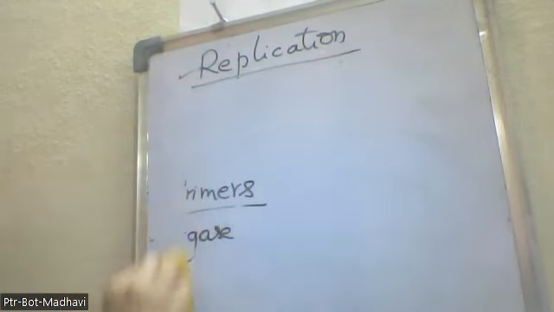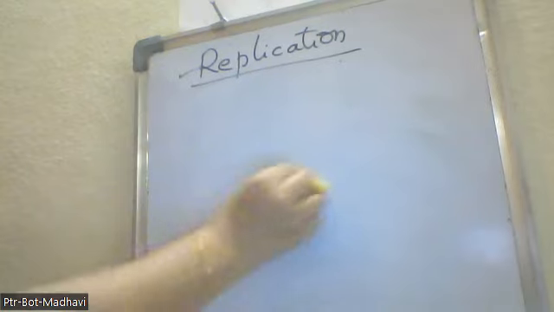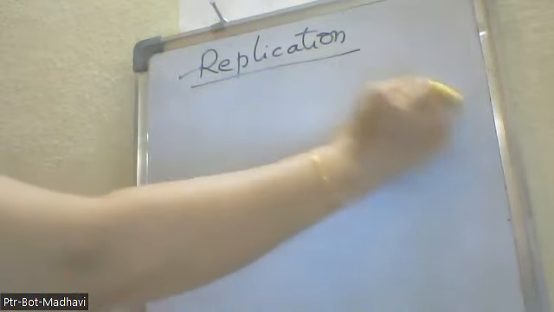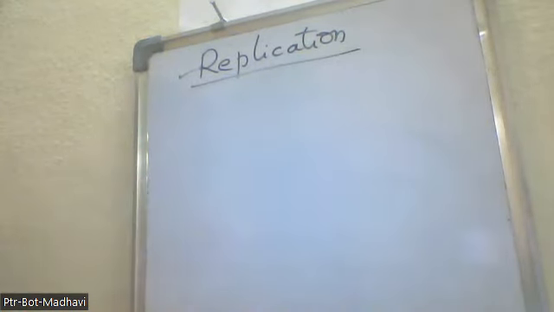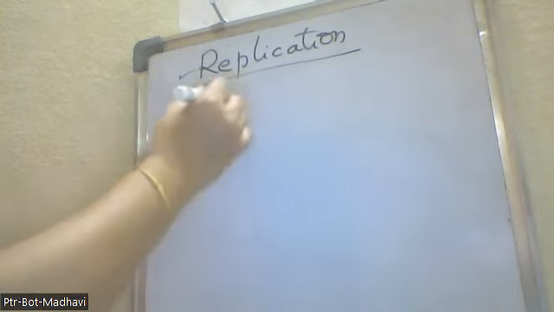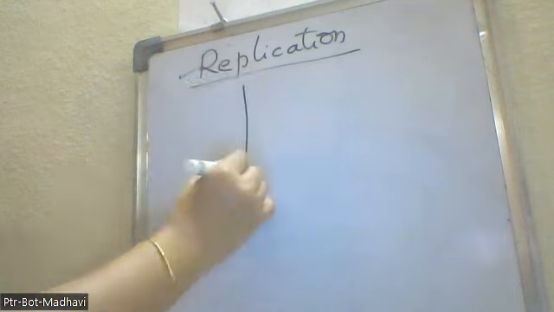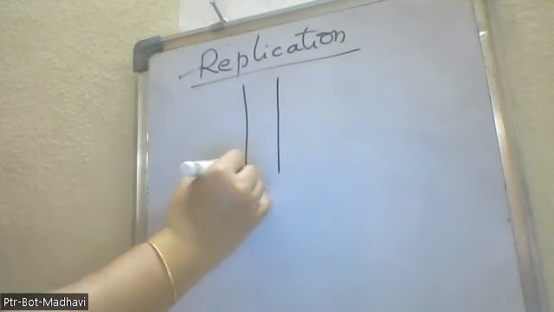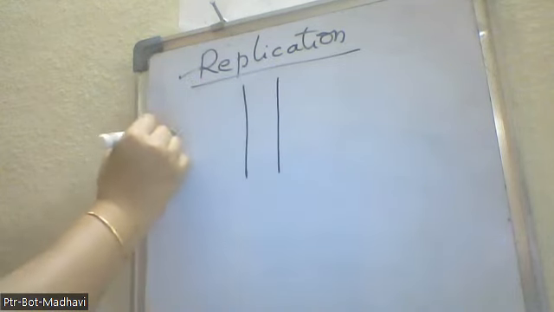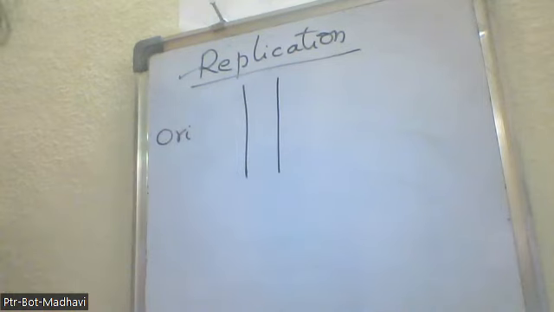In this replication process, first of all, this DNA-dependent DNA polymerase enzyme, that is the DNA polymerase enzyme, will search the site in the DNA. That is the ORI site, origin of replication site.